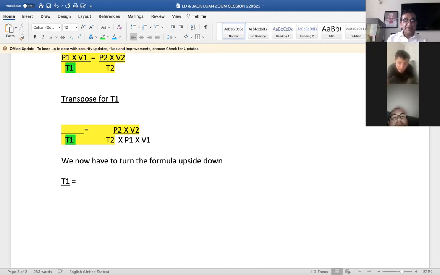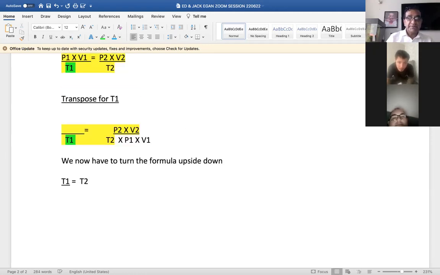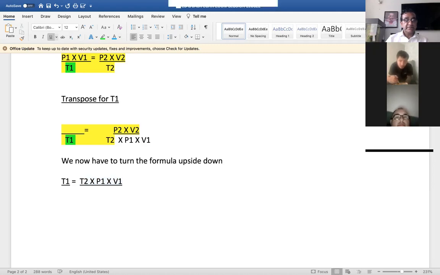So the actual formula for T1 is going to be T2 times P1 times V1 divided by, so that bit there goes to the underneath, P2 times V2.